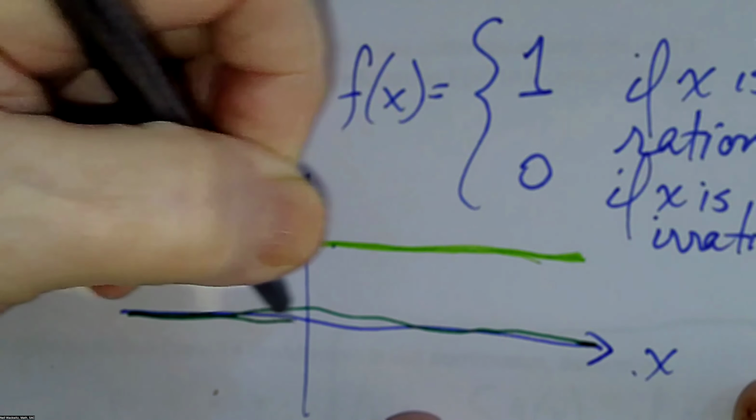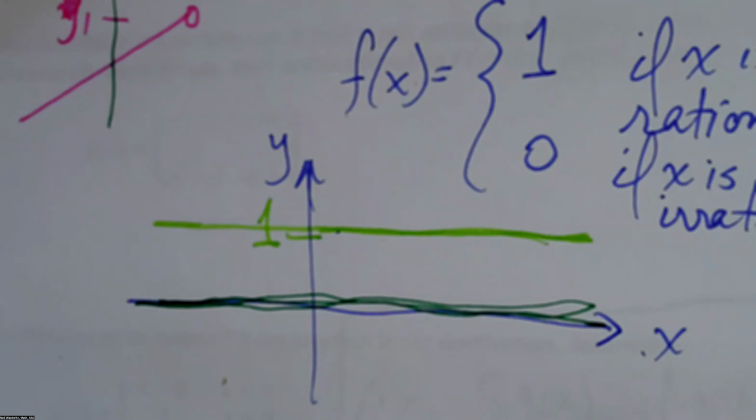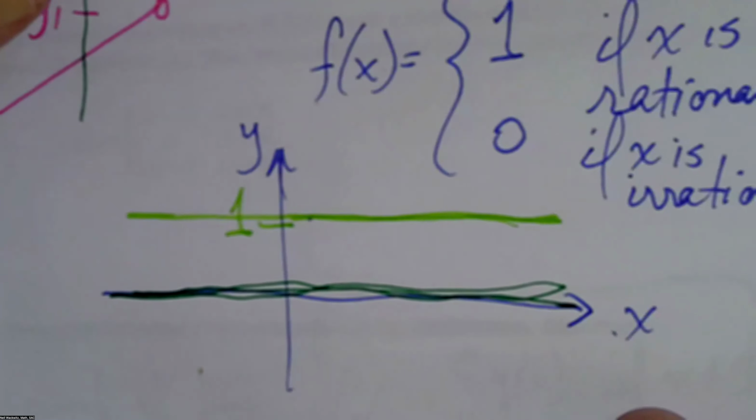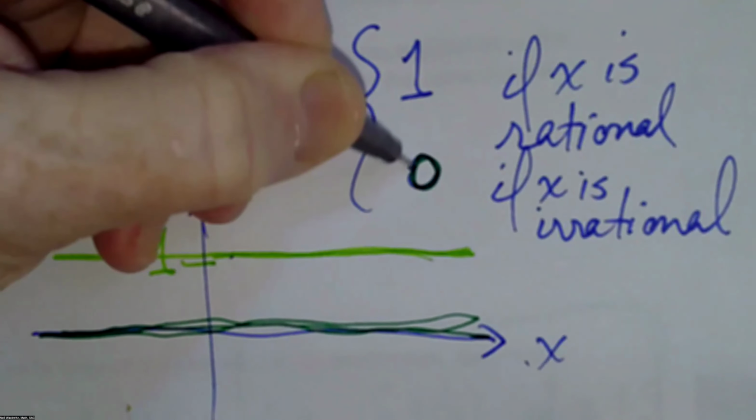The graph looks like two solid horizontal lines, where I'm using the darker green for the 0 and the lighter green for 1.